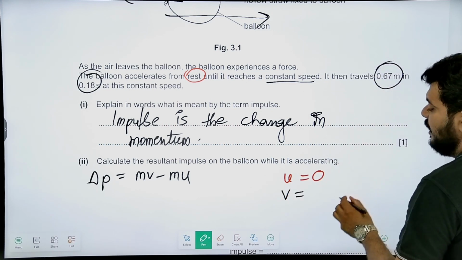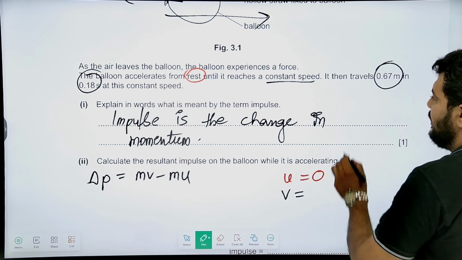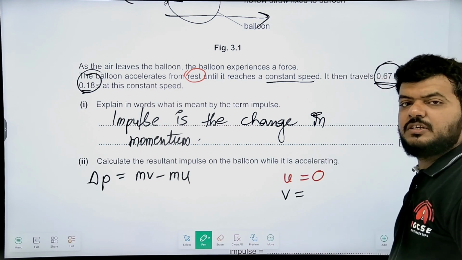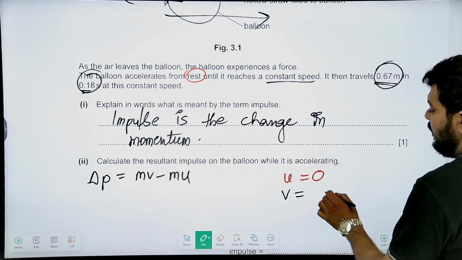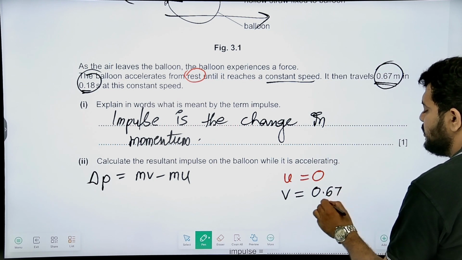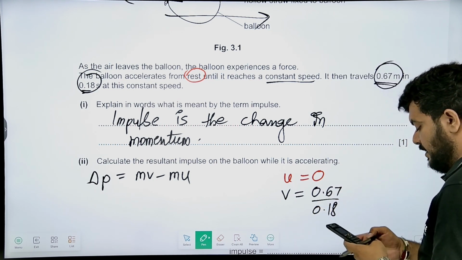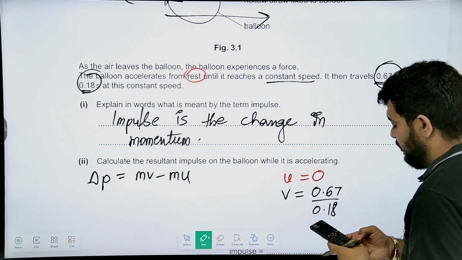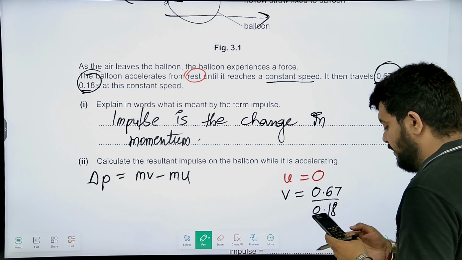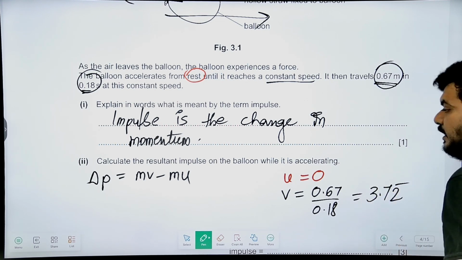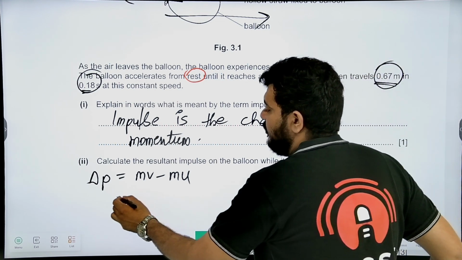I can say that v, final velocity, is distance upon time, because it is moving at constant velocity during this 0.18 seconds. So 0.67 divided by 0.18, we get 3.72 recurring. So now we have the velocity.